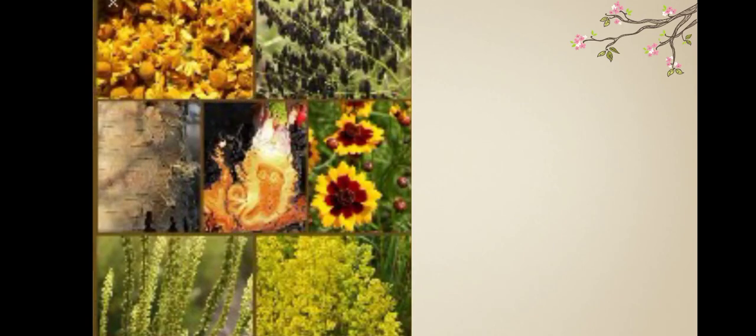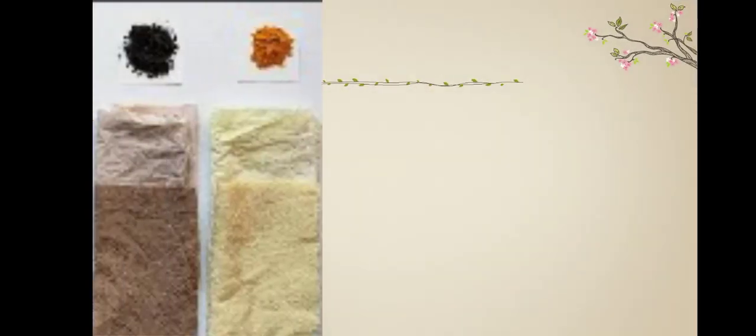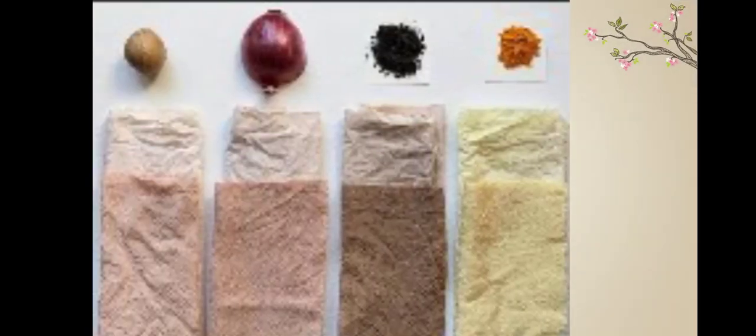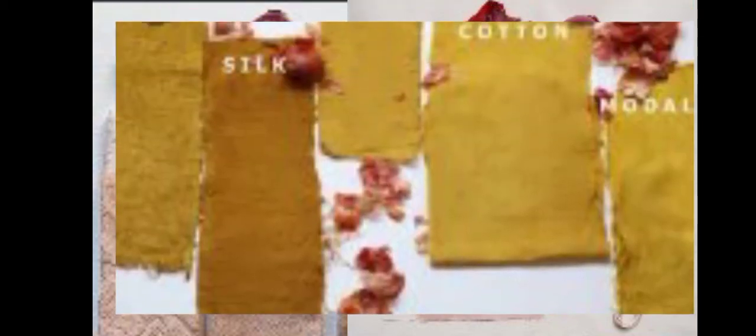Different kinds of flowers are used, and roots also. Roots of particular plants are used to dye the cloths. From onion peel, we are getting different kinds of colors. These are the colors of onion only. Yellow and orange colors are specially used.